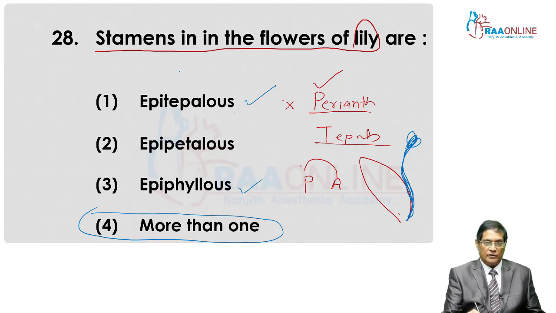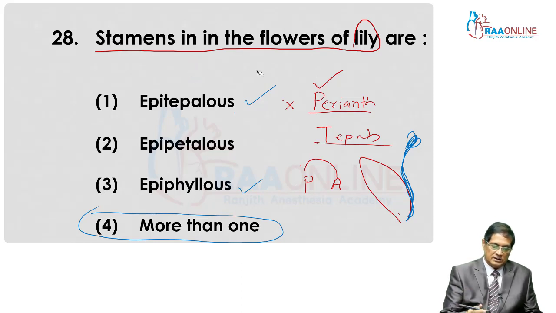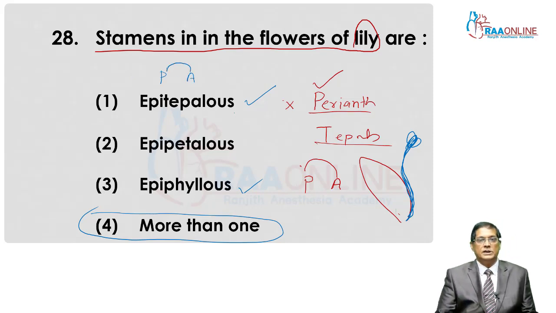When we write the floral formula, we write P and A joined together. That's why a sign is kept over P and A to denote the epiphyllous or epitepalous condition.